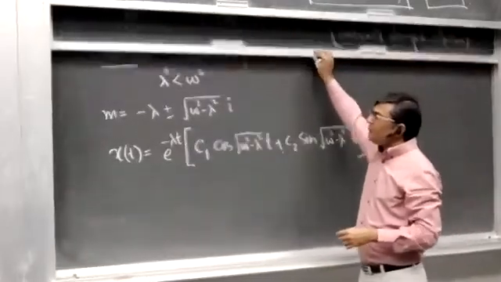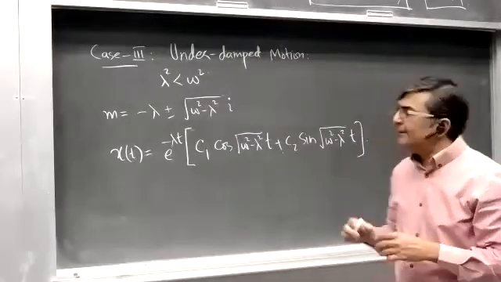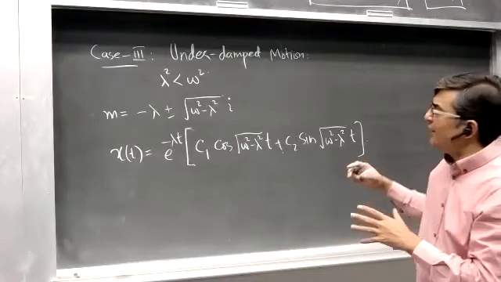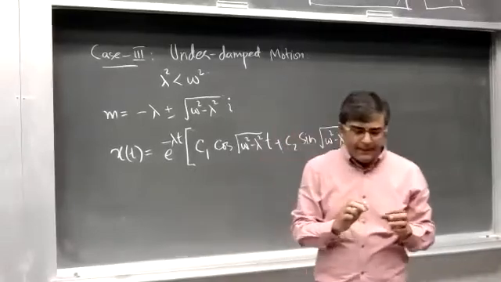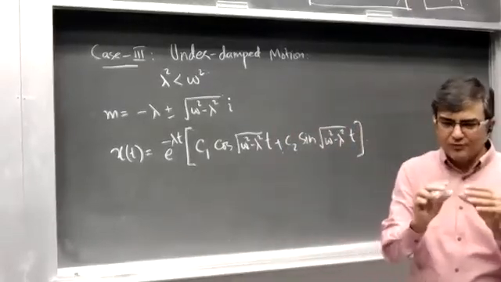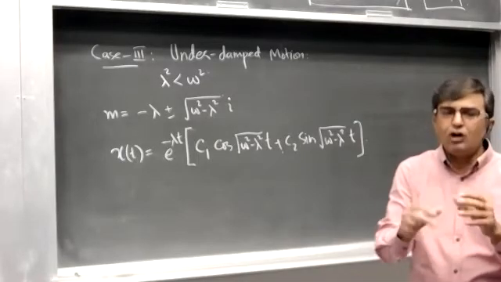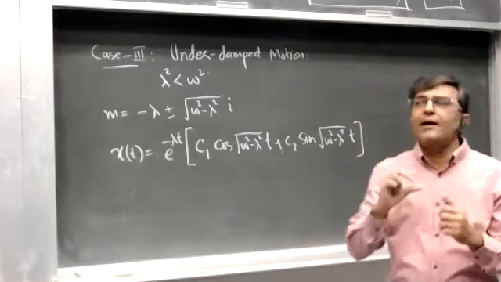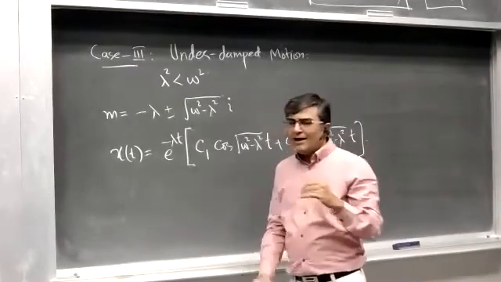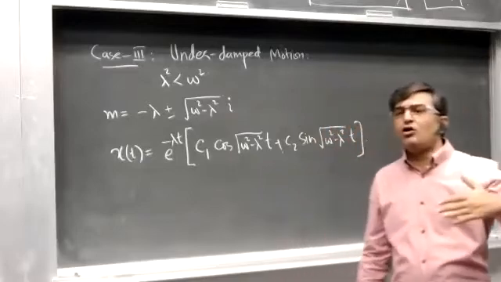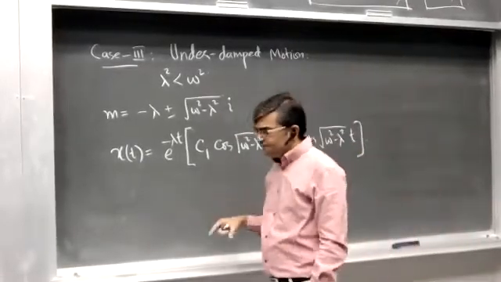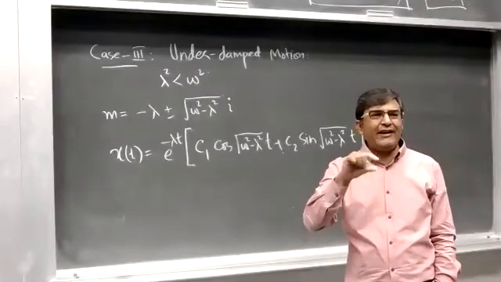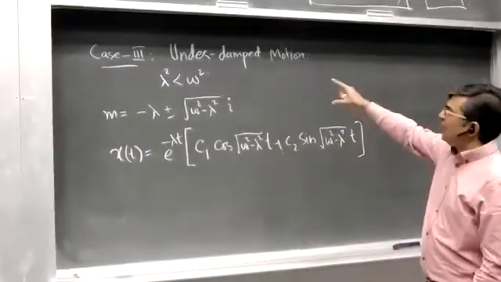Underdamped motion, in this case the damping force is a lot less than the other forces, and it will impose a low amount of force on the mass to stop its motion, so the motion of the mass will be stopped after a long time. So this is called underdamped motion.